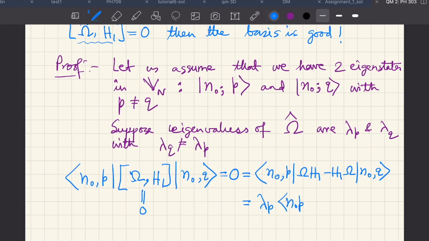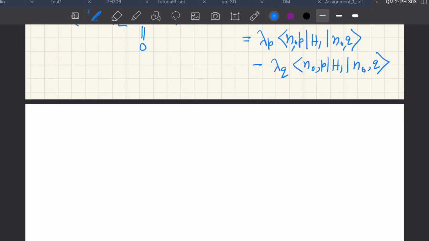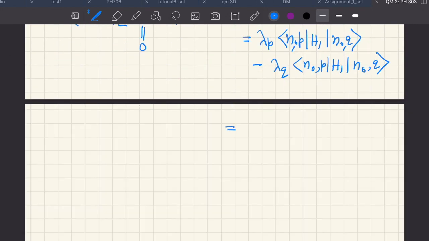So this is lambda p ⟨n0,p|H1|n0,q⟩. And then minus, this omega will operate on |n0,q⟩ and will give you lambda q ⟨n0,p|H1|n0,q⟩. And therefore this is nothing but (lambda p minus lambda q) ⟨n0,p|H1|n0,q⟩, taken common.